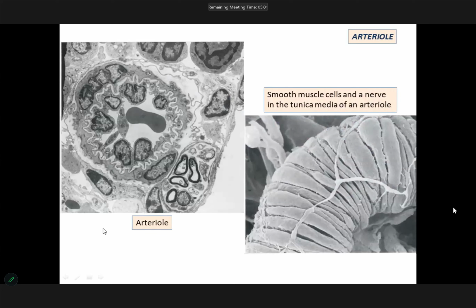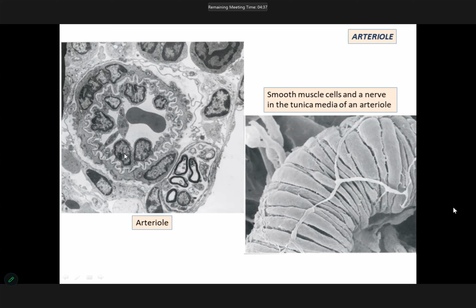These are pictures taken from transmission or scanning electron microscopes. In the transmission electron microscope photograph, we can see the cross-sectioned arteriole. Here, in its lumen, we can see two platelets and an erythrocyte. The innermost layer is endothelium.